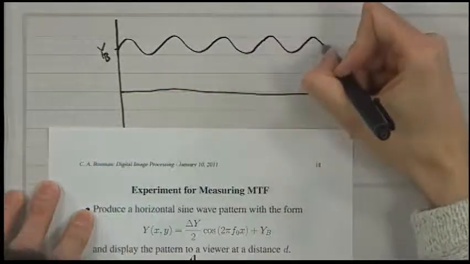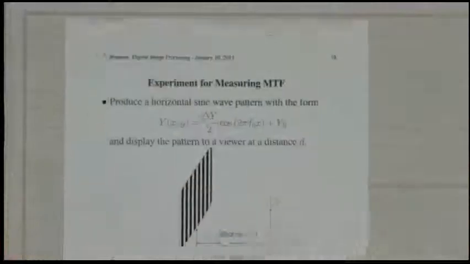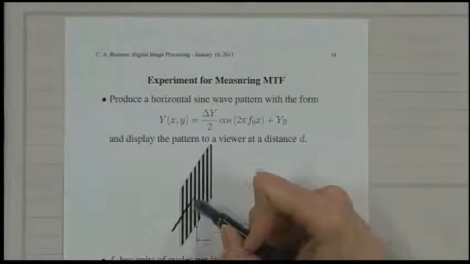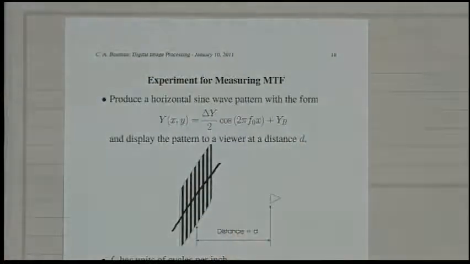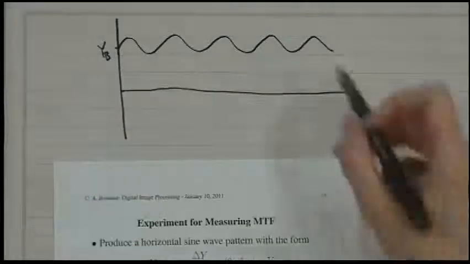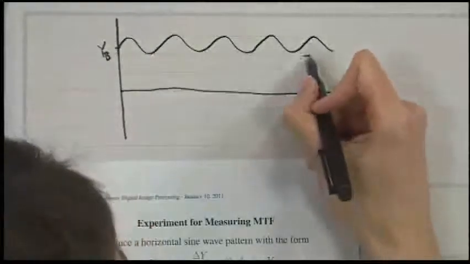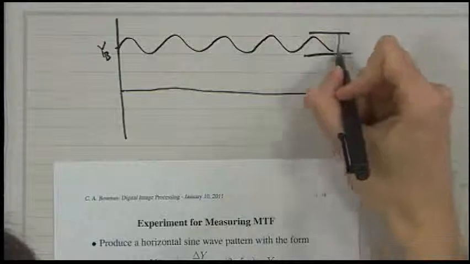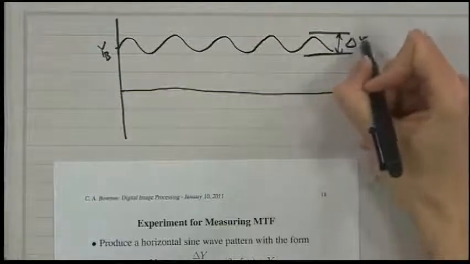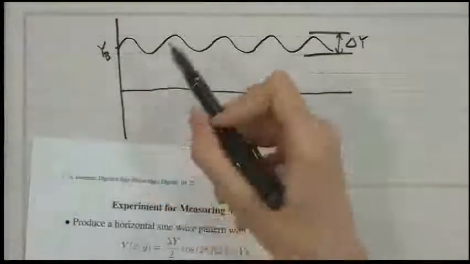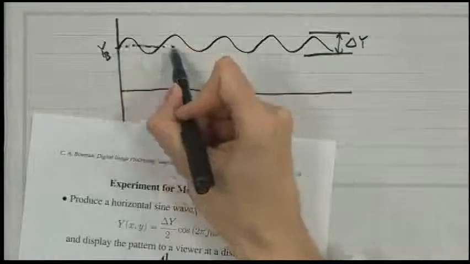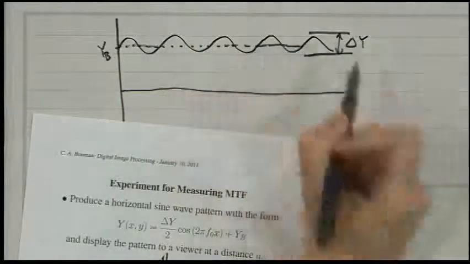It might look something like this if we were to look at one slice through that picture. So this difference here is the delta y, and yb represents the background luminance.